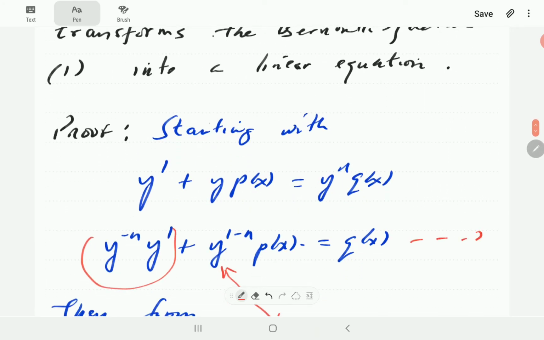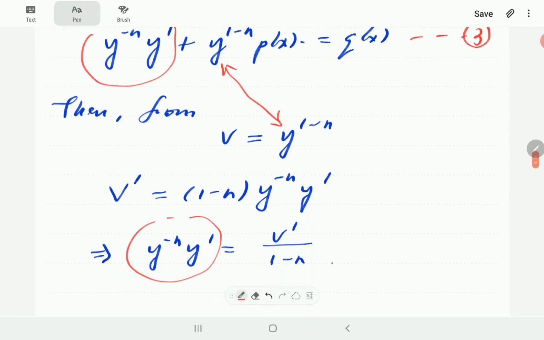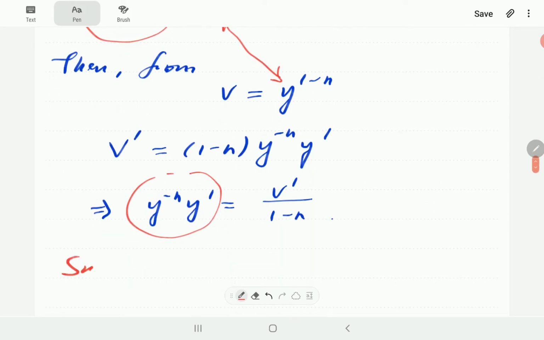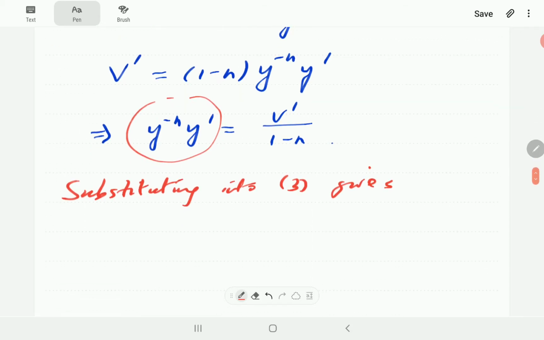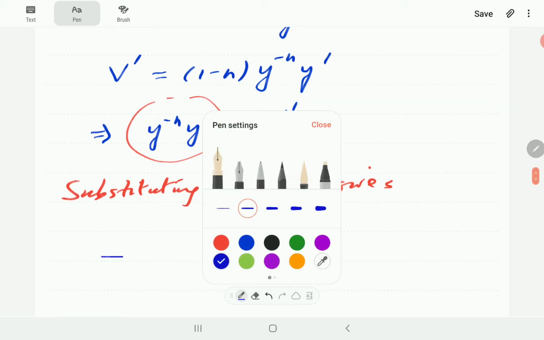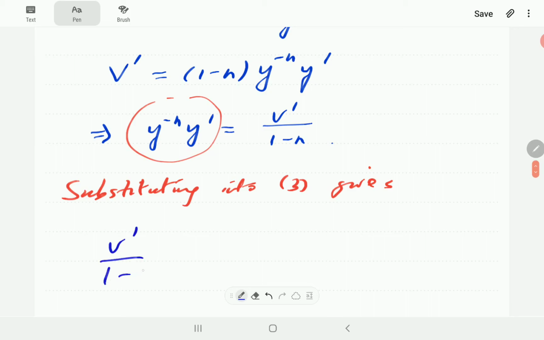Okay. So let's call this equation 3. So substituting into 3 gives, so 3 is now going to become v prime over 1 minus n plus v times p of x is equal to q of x.